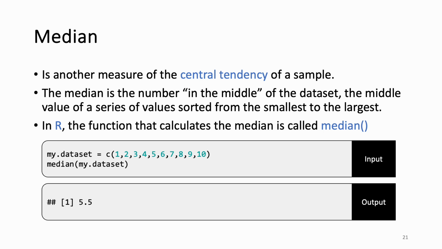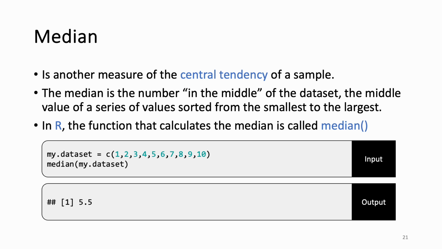Another descriptive statistic that provides information about the central tendency of a sample or data is the median. The median is the number in the middle of a data set, the middle of a series of values sorted from the smallest to the largest.